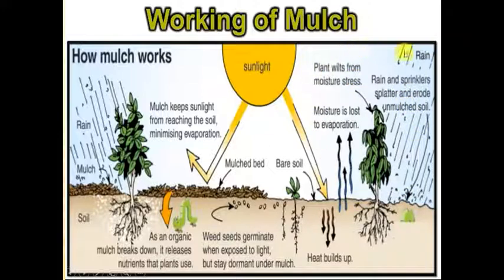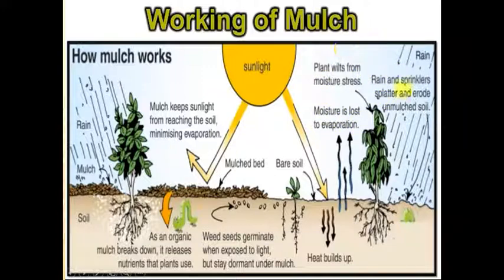The right side shows the bare soil is there on the agricultural field. When heavy rain comes, the water drops are getting onto the mulches and then get absorbed through these mulches and then ultimately infiltrated into the soil.